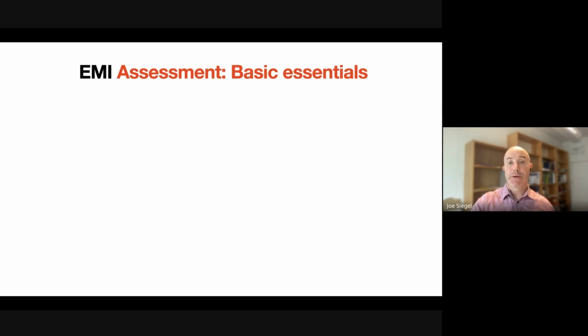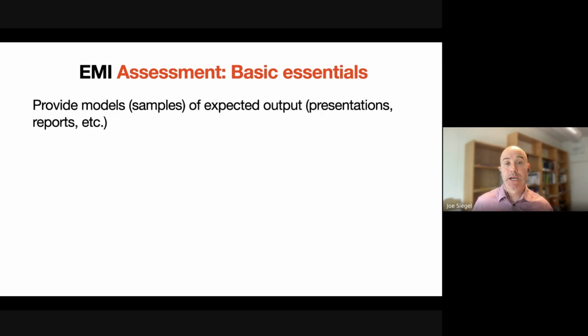A few more basic essentials, things that teachers can do. I'd recommend providing models or samples of expected output. So for those of you who said you grade students on presentations, we should show students maybe videos.